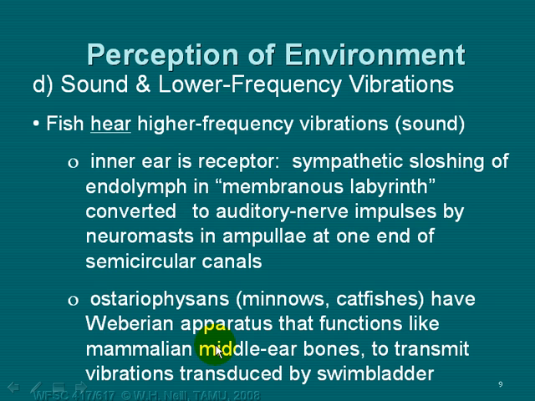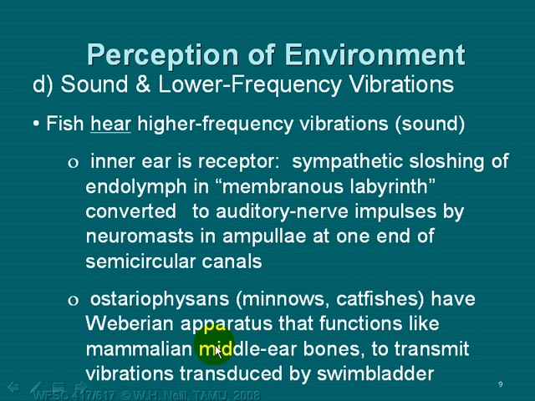Fish don't have that arrangement. What they have is a series of bones with analogous functions, and they don't have outer ears, and they don't have eardrums, but they have the analogs of those devices in the case of the ostariophysan fishes. The analog of the eardrum in mammals is the swim bladder.